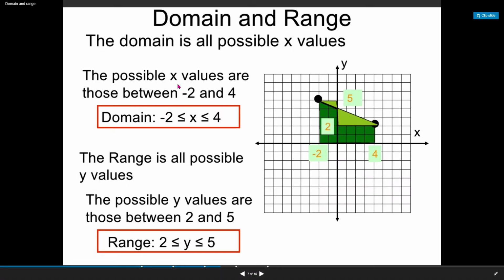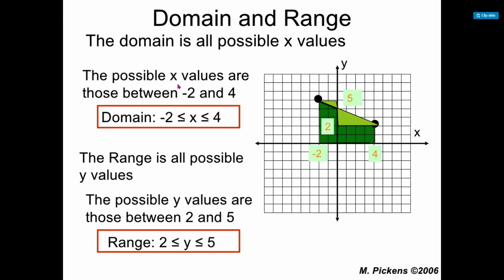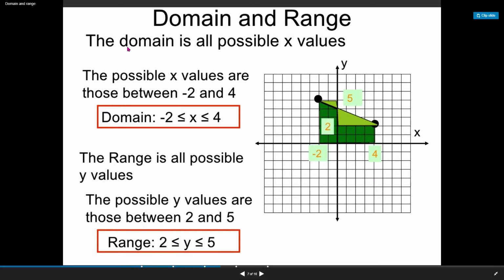Now an example of domain and range. So the domain are all the possible x values listed on here. So the possible x values are those between, we know that this little dot is -2, and this dot is at 4. So their values are between -2 and 4.